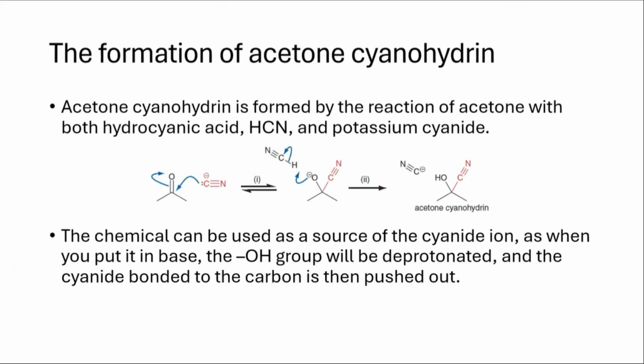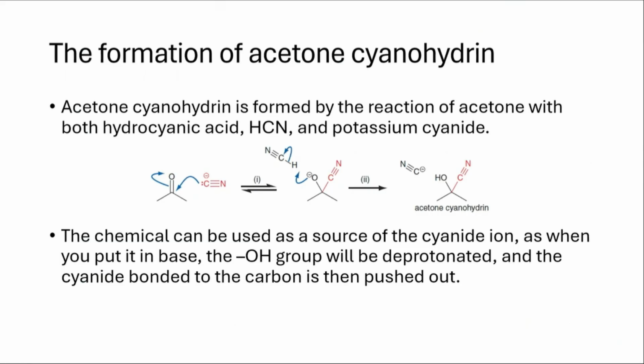One example of nucleophilic addition to the carbonyl group concerns the formation of something known as acetone cyanohydrin. This is how we form it. We first get acetone, and we react it with both hydrocyanic acid, HCN, and potassium cyanide. Potassium cyanide is soluble, so we're just going to get cyanide ions in solution.